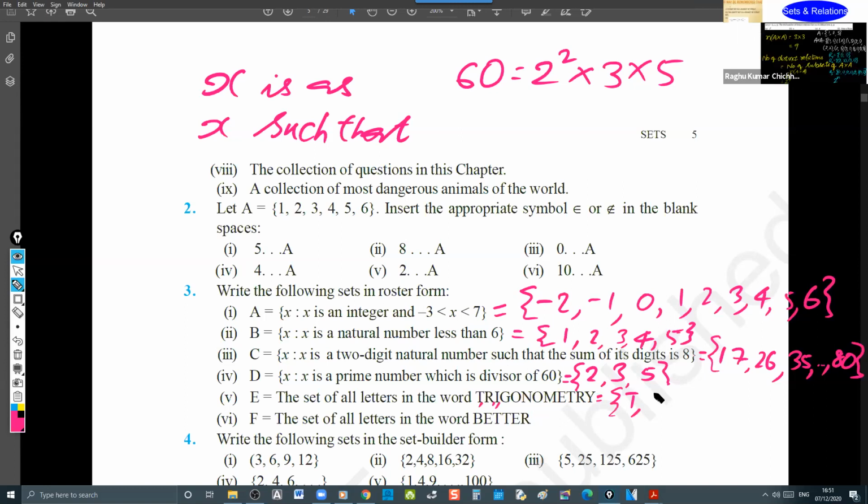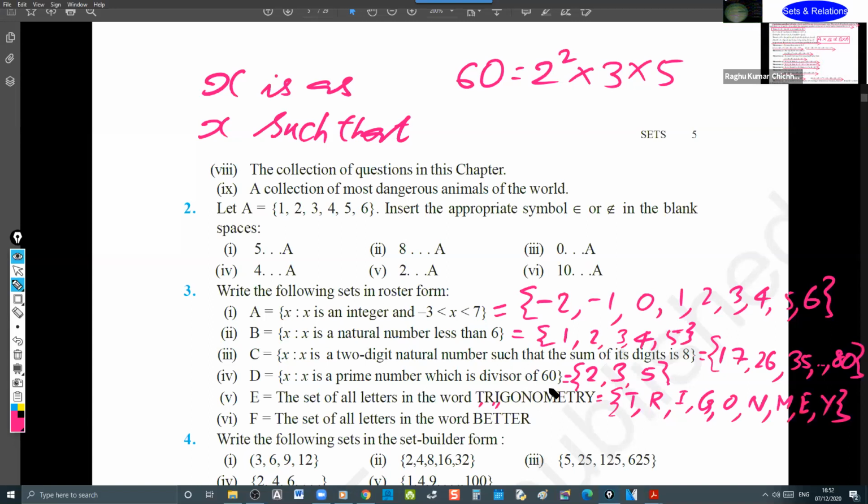Chaitanya, whenever you are writing the listing, in the listing, the element should not be repeated. T, R, I, G, O, N, M, E, and Y, that's it.